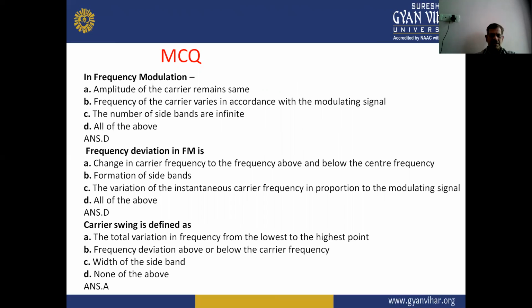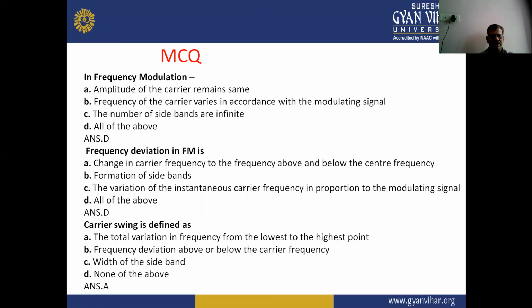These are some multiple-choice questions of this topic. Now we will discuss these multiple-choice questions one by one. So in the first question, in frequency modulation, option A, amplitude of the carrier remains same.